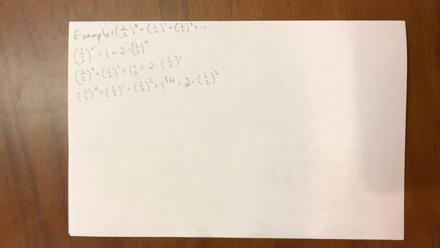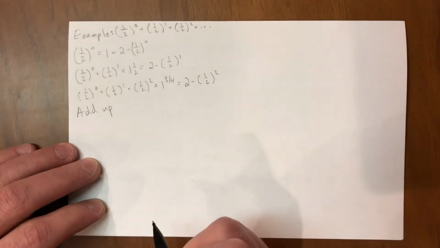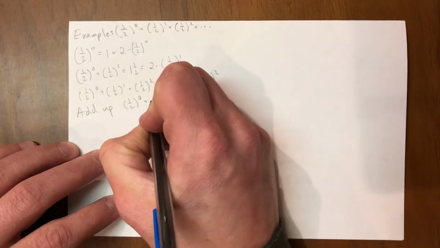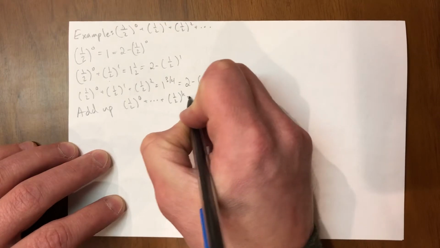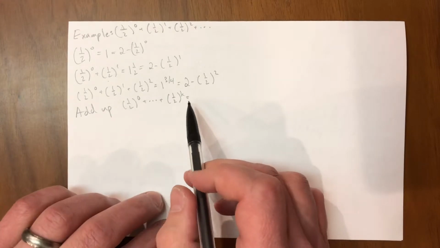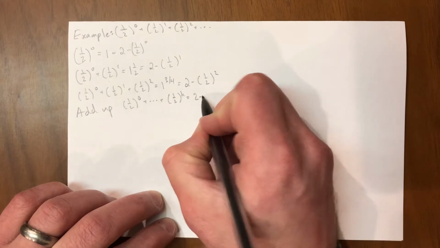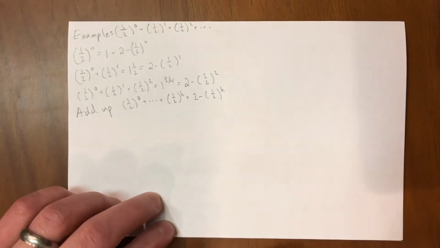And so the idea here is that if we added up 1/2 to the 0 plus all the way out to 1/2 to the k, where k is just some number, then you can see the pattern of how it's developing. This would just be 2 minus 1/2 to the k.